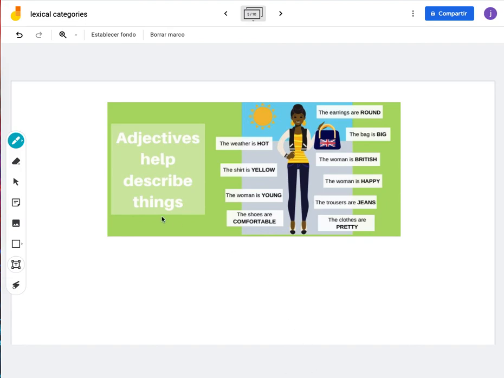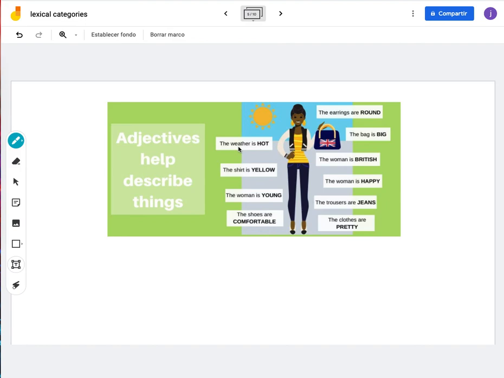Remember, describe and modify. I'm going to choose one of these sentences, for example: the weather is hot. In this sentence, we are talking about the weather, but with hot we are describing or modifying this noun. So hot is the adjective.